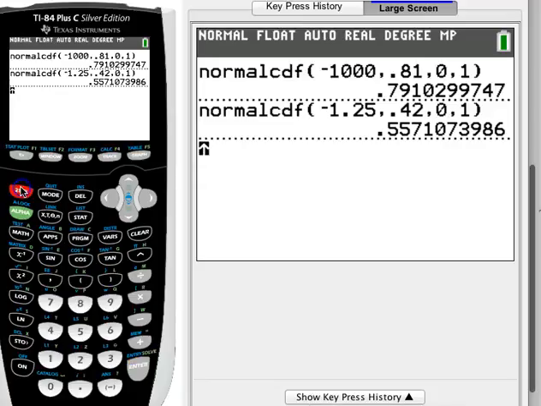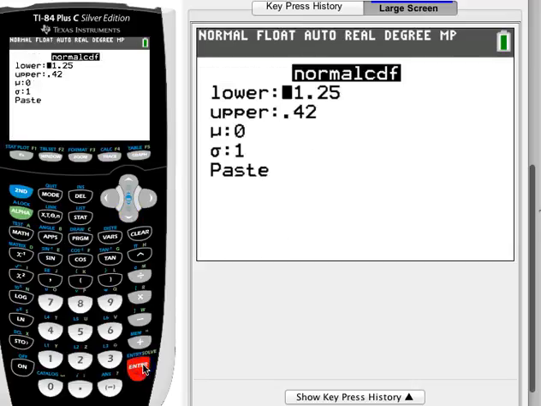Well, if we go into distribution, normal CDF, this time our lowest value, we're starting at negative 2.3 and we're going up to infinity. We just want greater than that. But the calculator doesn't understand infinity, so we're just going to put a very big number to compensate that will be close enough when it does that calculation.